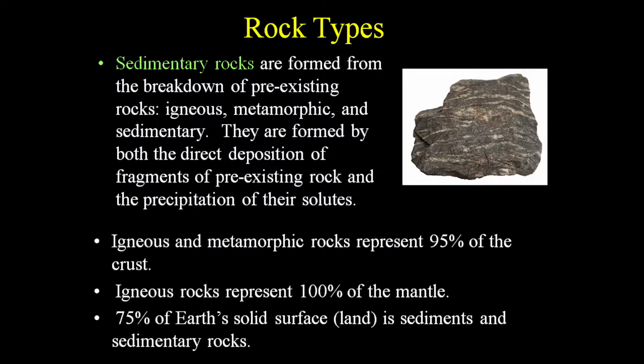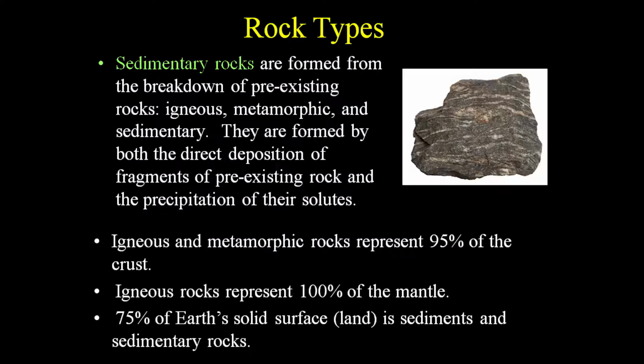Sedimentary rocks are formed from the breakdown of pre-existing rocks, igneous, metamorphic, and sedimentary. They are formed by both the direct deposition of fragments of pre-existing rock and the precipitation of their solutes. We'll come back to the definition of deposition and precipitations.